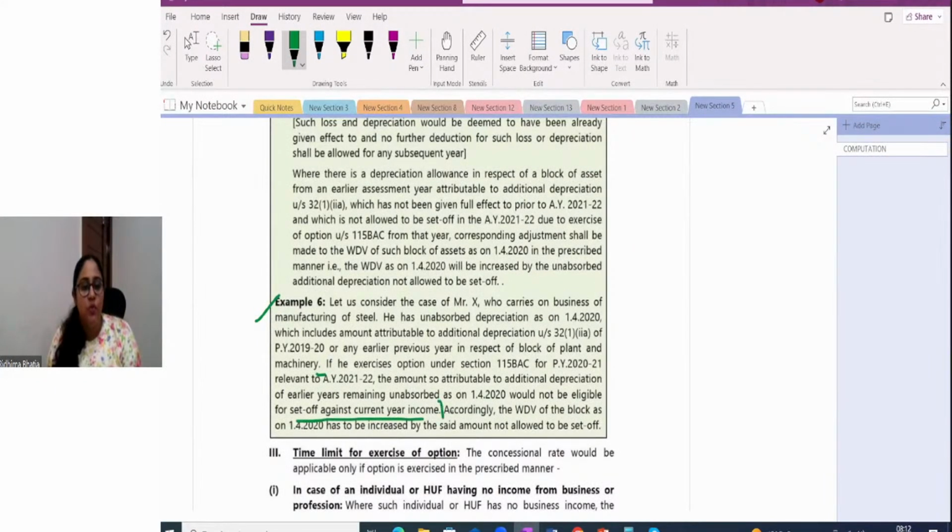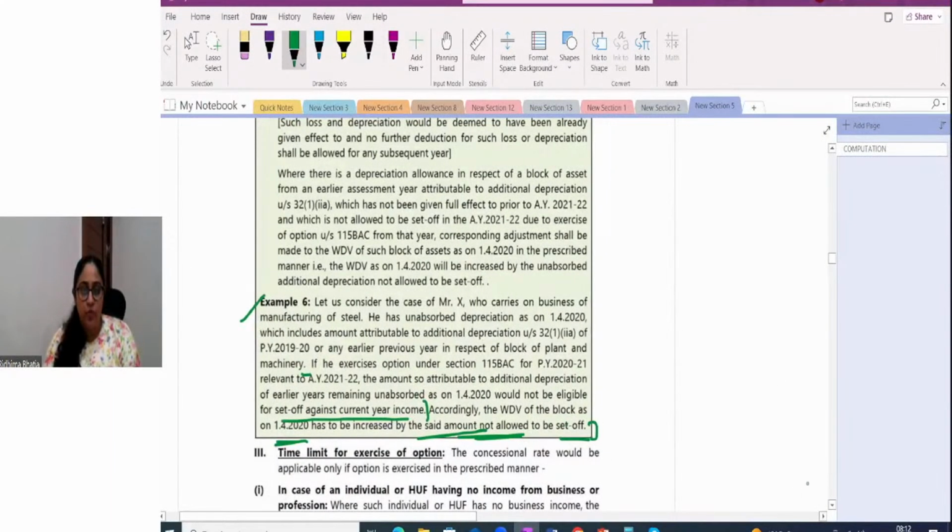That is the impact, which you understood. Accordingly, the WDV of the block as on 1st April 2020 has to be increased by the said amount not allowed to be set off. So I hope with that example of 5 and 0.5 crore, this particular thing is clear. In case it is not, please tell me, I'll do it again.